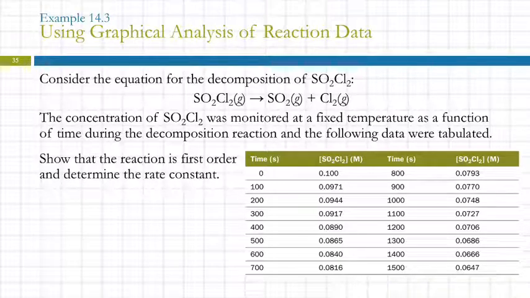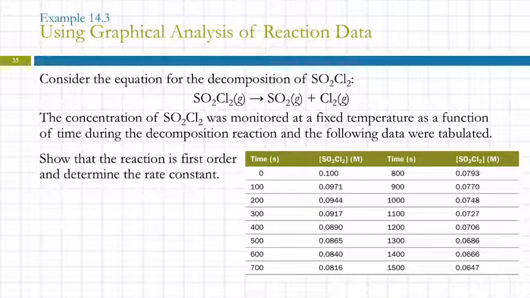Okay, so let's do an example. Consider the equation for the decomposition of SO2Cl2. The concentration was monitored at a fixed temperature as a function of time during the decomposition reaction. The following data were tabulated. Show that the reaction is first order and determine the rate constant. So what we did before is we looked at the change in the concentrations to see how that changed the rate.